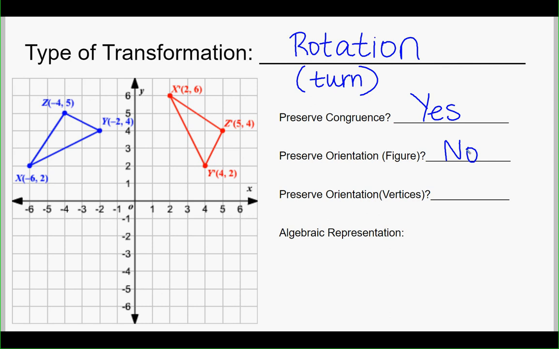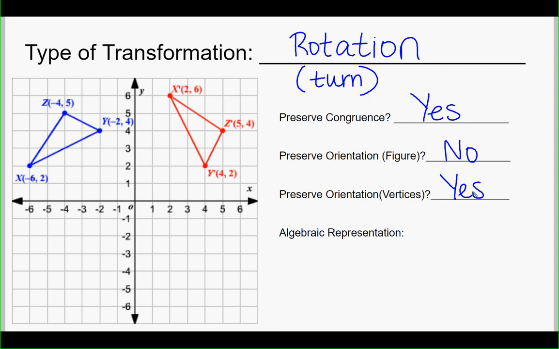Yes, and that's okay. The way these are technically arranged, they can still go in the same order. So the vertices, are those preserved in terms of orientation? Yes. This can be kind of tricky, thinking about orientation. But for the figure itself, the orientation is not preserved.